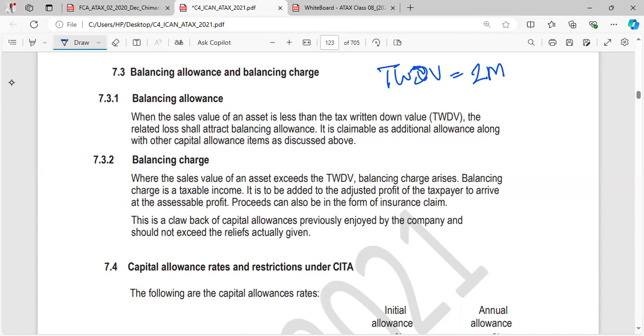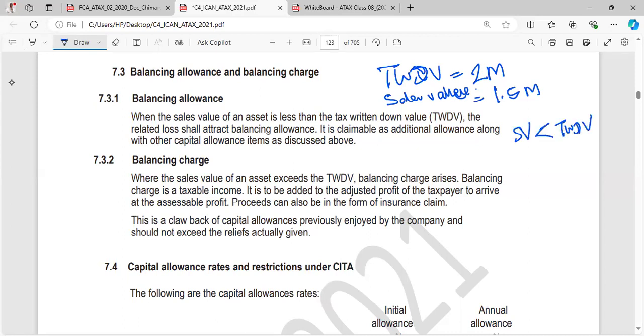Let's say the asset is obsolete, and you need to change the asset because of new technology or impairment, and you sold it for 1.5 million. Now you can see here that the sales value is less than the tax written down value.